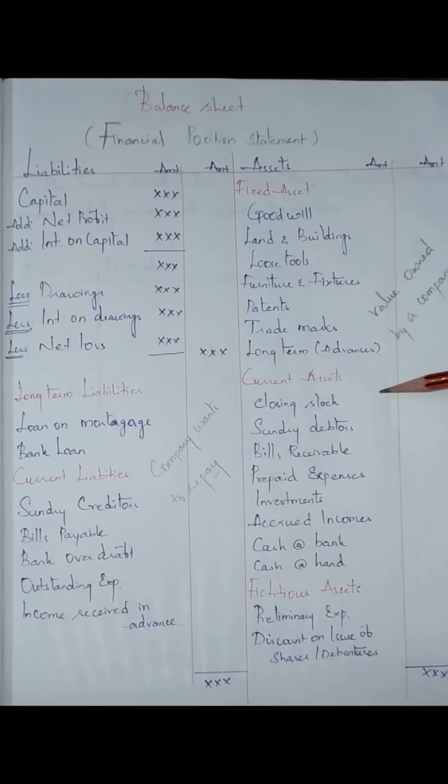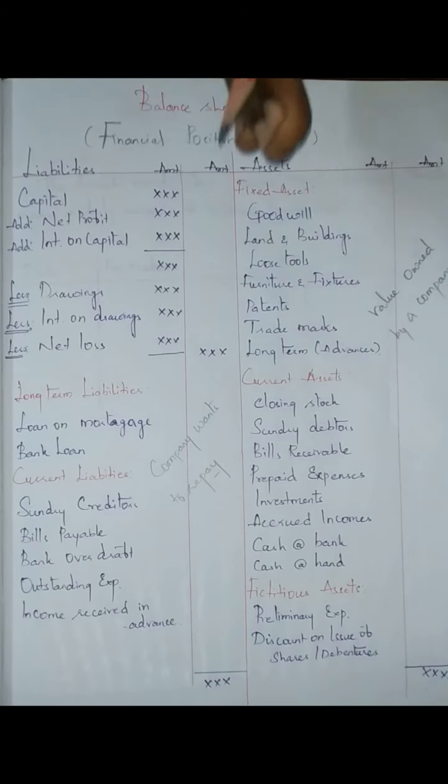Current assets include closing stock, sundry debtors, bills receivable, prepaid expenses, investment, accrued incomes, cash at bank, and cash in hand. And fictitious assets mean preliminary expenses and discount on issue of shares and debentures. So finally, we have to tally the balance sheet: assets equal to liabilities and liabilities equal to assets.